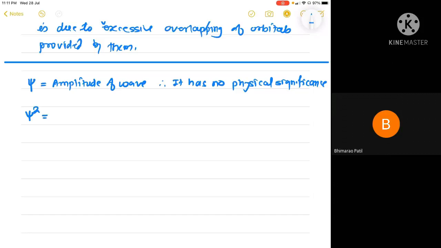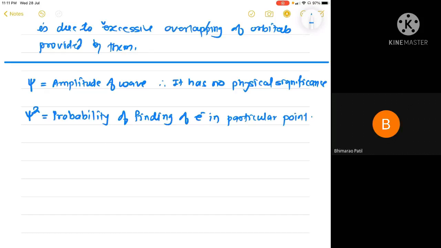That psi square shows the probability of finding the electron at a particular point, supposed to be here, like that.